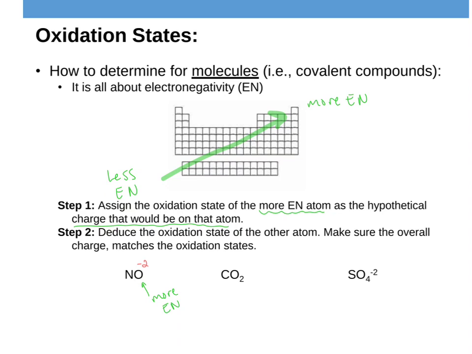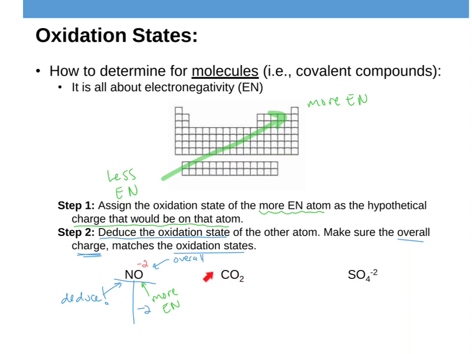Then, as a second step, we deduce the oxidation state of the other atom, and we have to make sure that the overall charge matches the oxidation states. So I have to deduce this one, and make sure that the overall charge matches. I have a -2 from the oxygen, and this is overall neutral. It's not like the sulfate, which has an overall charge of -2.